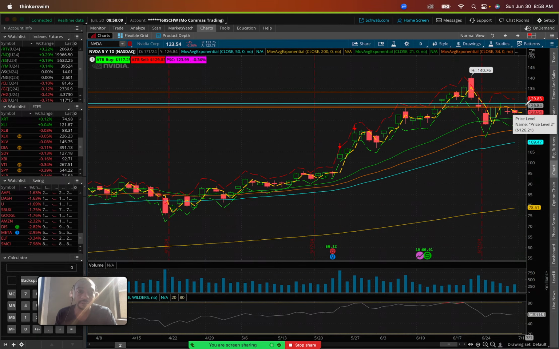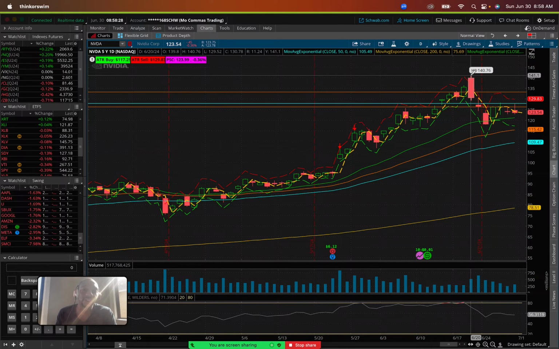So the sentiment of NVIDIA over the last couple of months is strength. I'm going to be less likely to short NVIDIA even if it reaches a peak like this. And if I do short it, I'm not going to be holding on to that short for a week or two. I'm probably going to get rid of that short and have a shorter target, because I just don't want to be shorting things that are extremely strong.